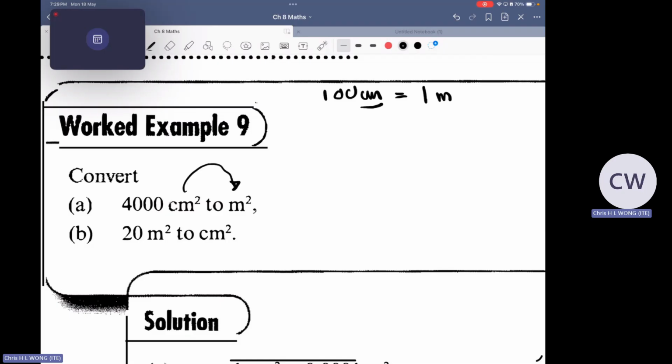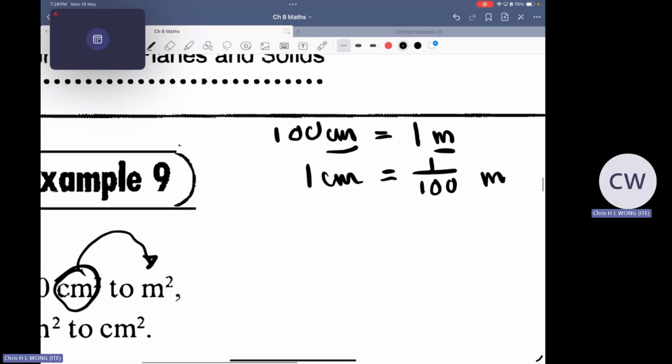But what I need to do is, you're looking for cm, right? So I'll make it 1 cm is equal to 1 over 100 meter. Can you see what I just did?